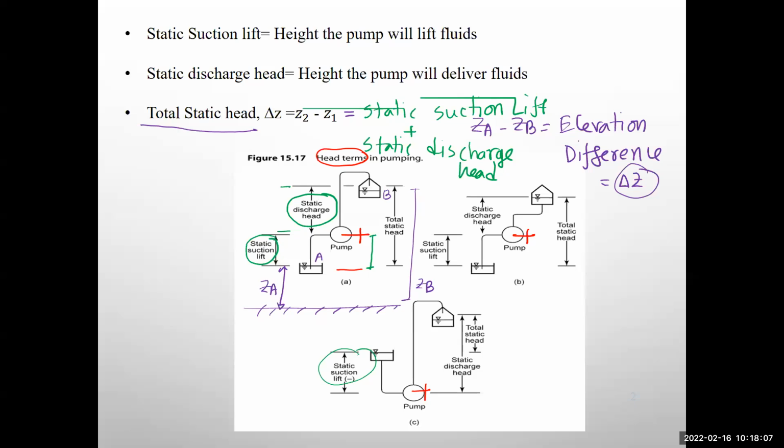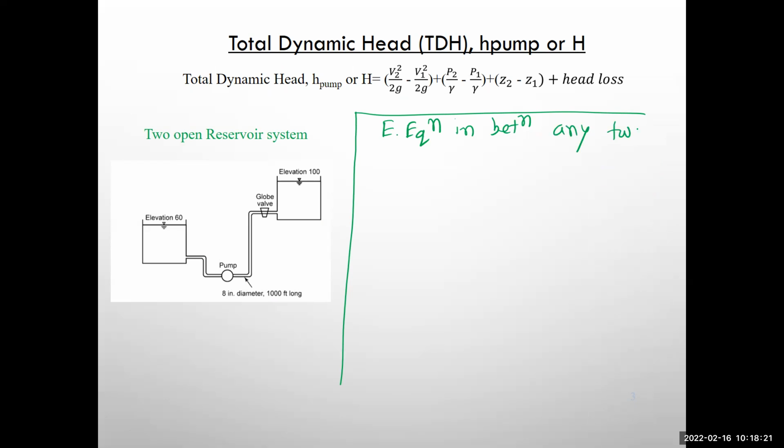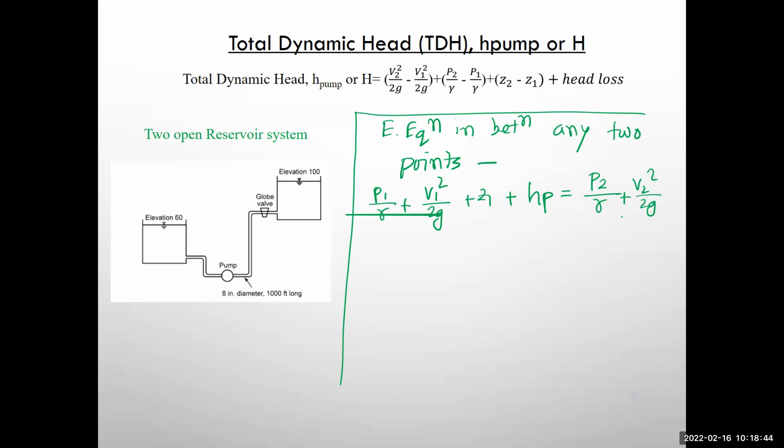So basically, if I just write down the equation from the very beginning, it's the energy equation between any 2 points. The equation is P1 over gamma plus V1 squared over 2g plus Z1, plus the pump head. If we have a turbine, we will have the turbine term. If not, that's okay. Equals P2 over gamma plus V2 squared over 2g plus Z2 plus head loss, right?